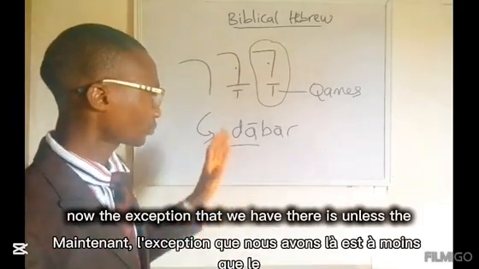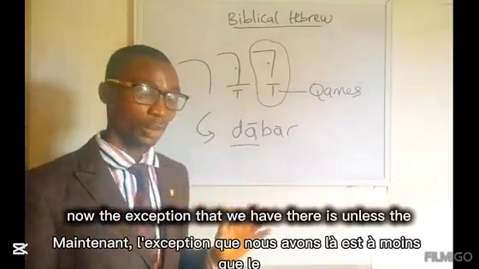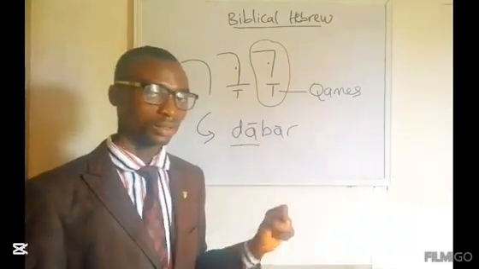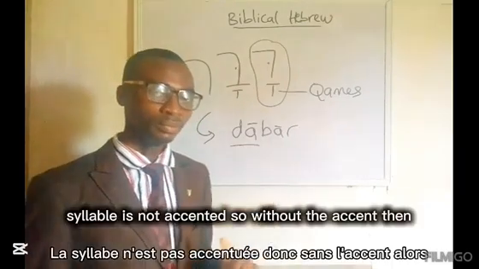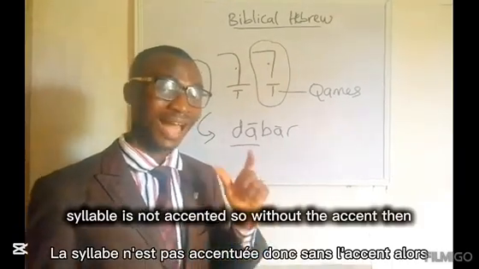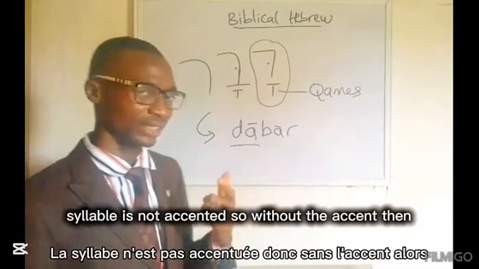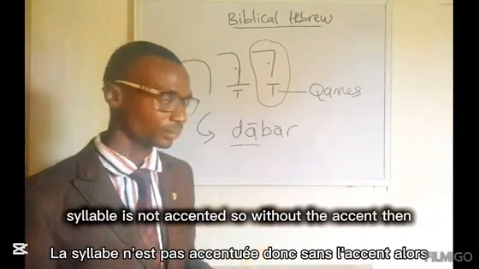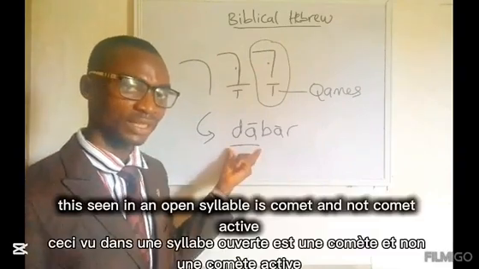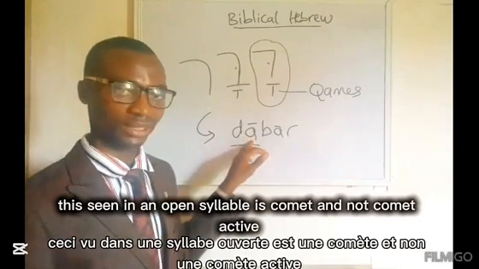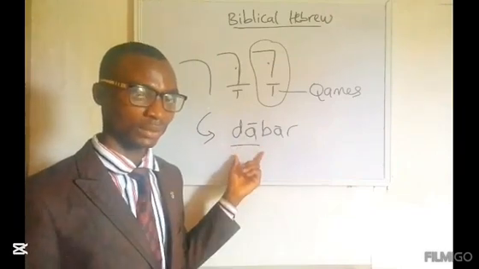Now, the exception that we have there is unless the syllable is accented. So without the accent, this seen in an open syllable is Qamet and not Qamet-hatuf.